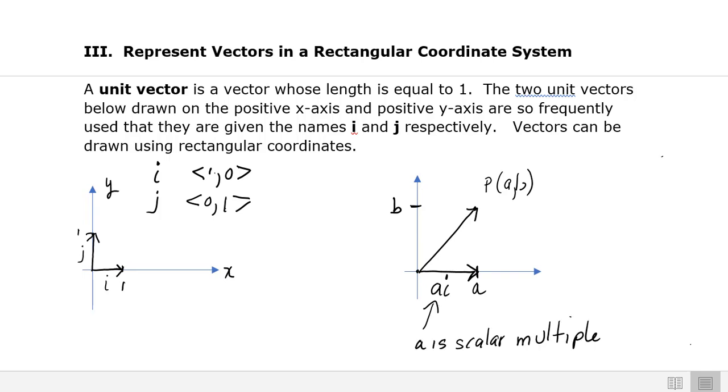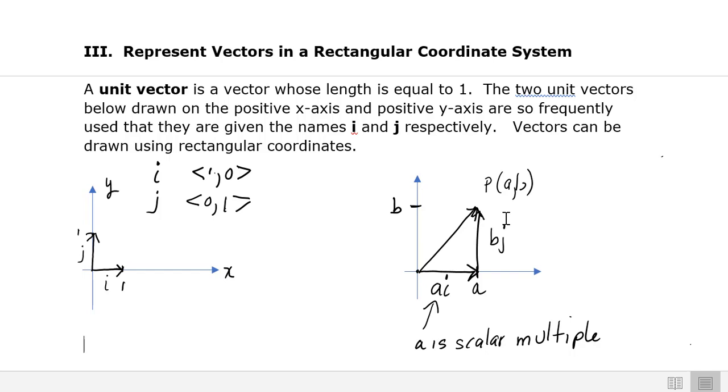We can also draw the vertical component of this vector by drawing from the terminal point of ai. If I draw vertically, this vector is going to be bj. Right? j having a magnitude of 1, b also a scalar multiple.